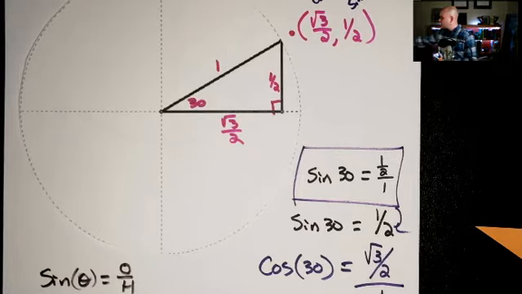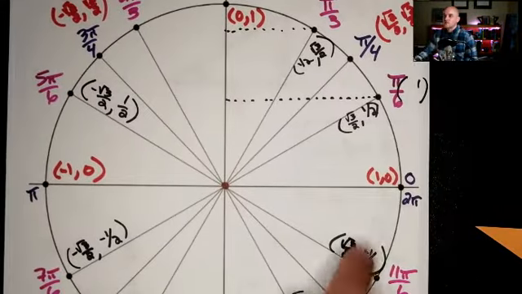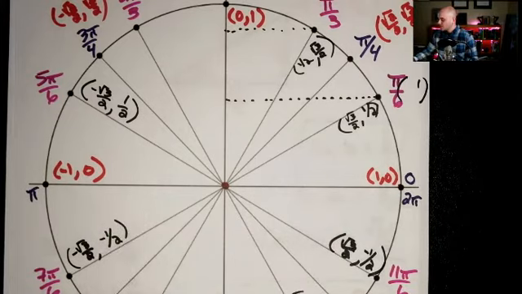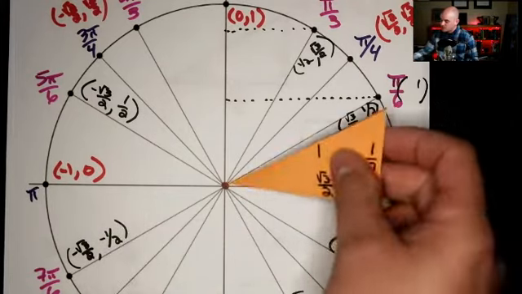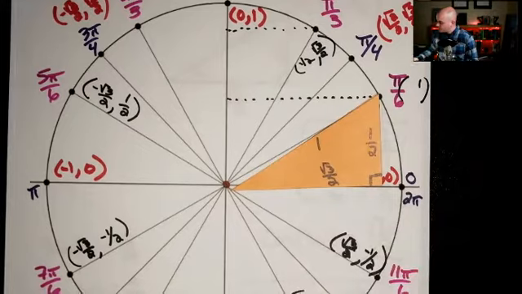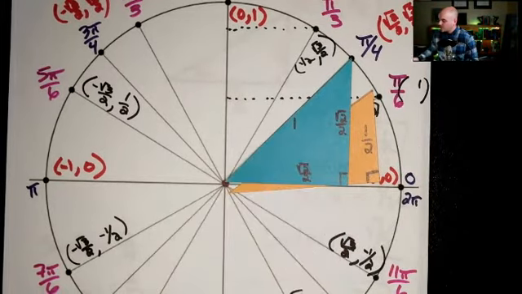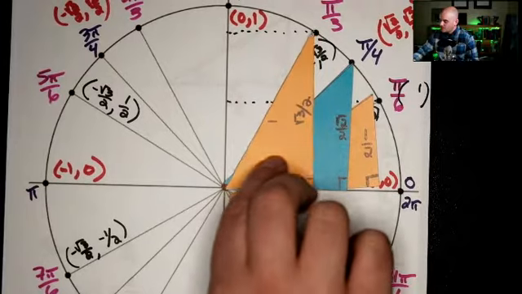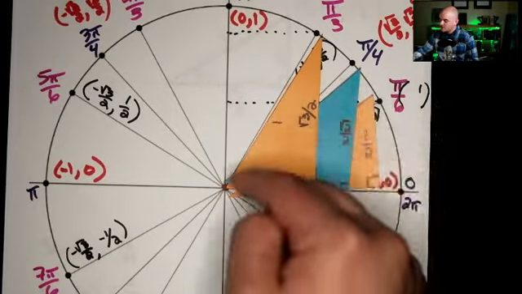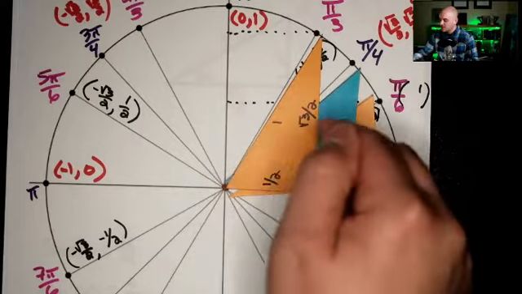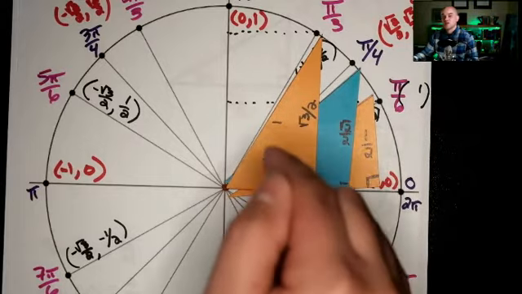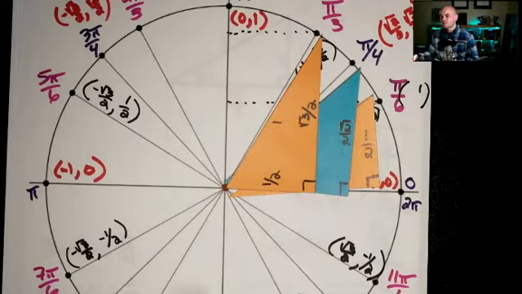In fact, if we look at the unit circle that we drew, remember that the radius is 1 going all the way around. So no matter where I put these triangles, whether it's right here, or right here, or another one right here, all the way around, the radius is 1. So when I take the opposite over the hypotenuse or the adjacent over the hypotenuse, it's dividing by 1 each time.